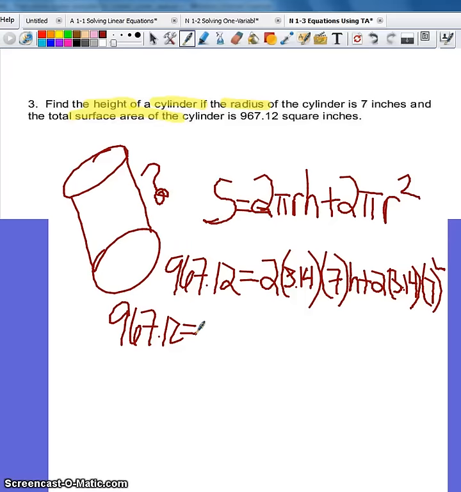I know Miss B multiplied that wrong. So I'm going to get 43.96H. Plus, I'm going to take 7 squared, which is 49, and multiply that times 3.14, and then multiply that times 2, and I'm going to get 307.72.